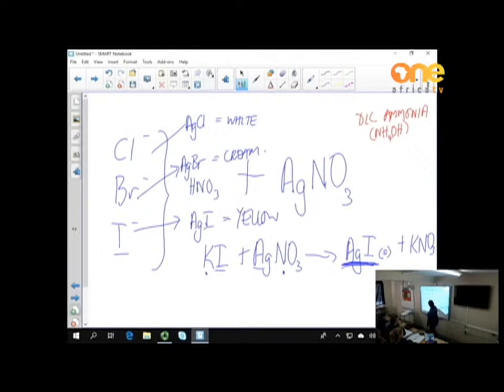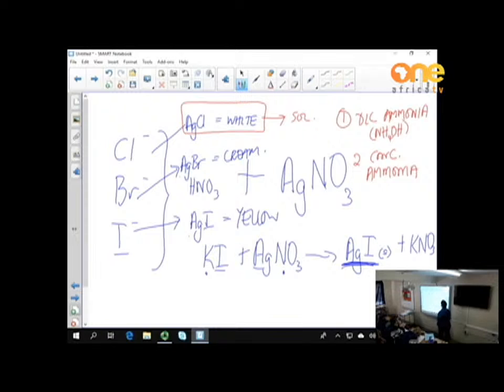If it is a chloride, that white precipitate becomes soluble. It disappears and you get a clear liquid. If you add dilute ammonia to the other two, the precipitate stays. So now you have separated the chloride. The others will be insoluble in dilute ammonia. The next step is to use concentrated ammonia.